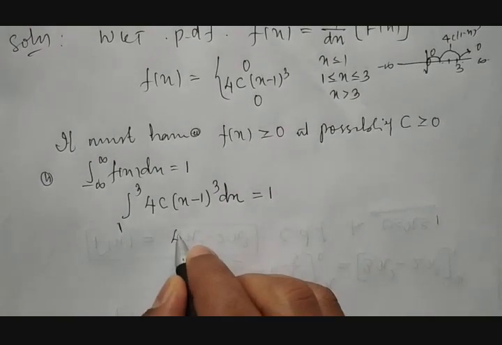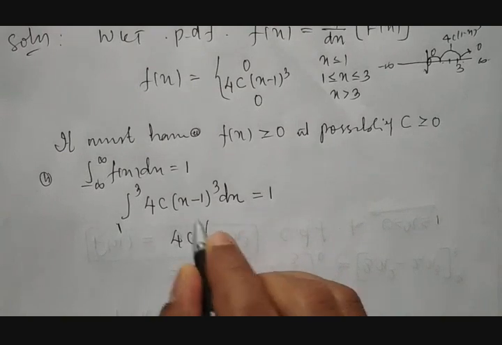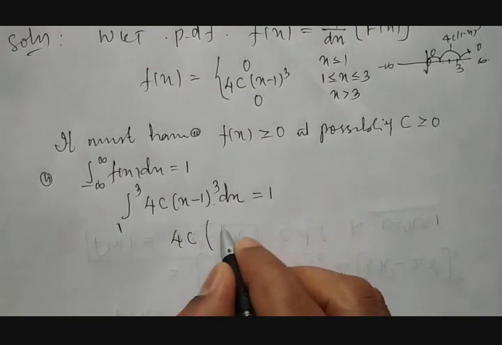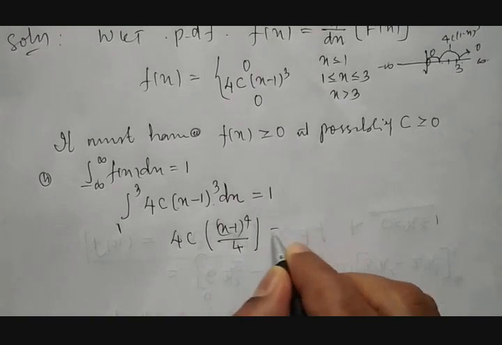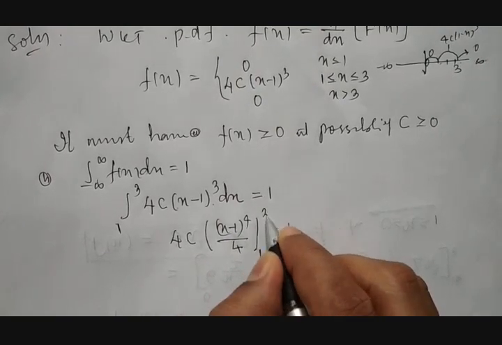Then 4c is constant, keep it out. Integration of (x minus 1) whole cube is (x minus 1) whole raised to 4 divided by 4, equal to 1, between 1 to 3.